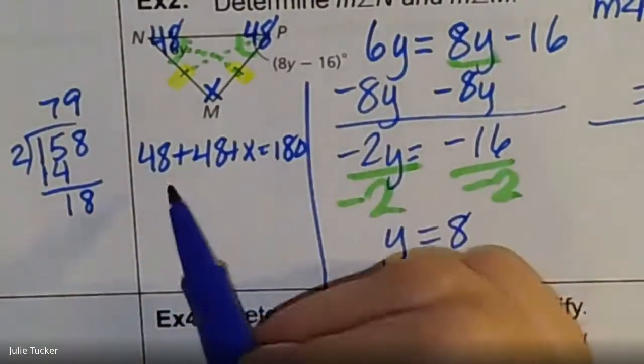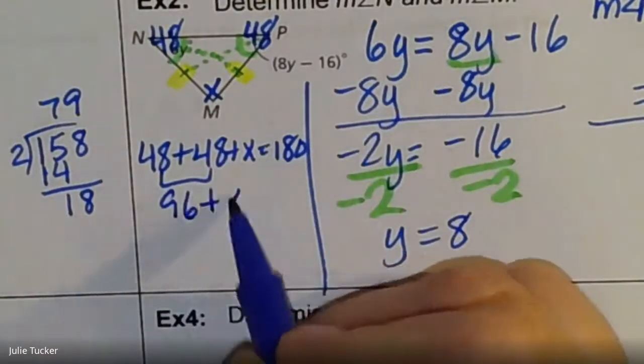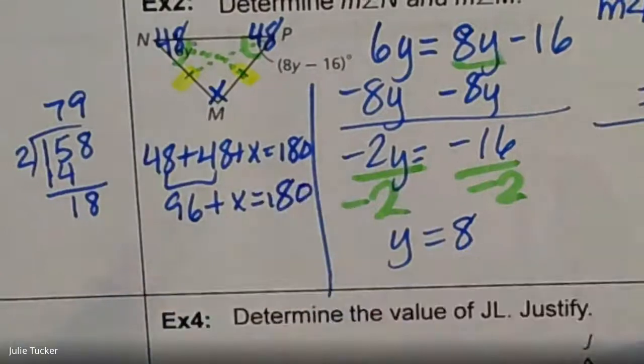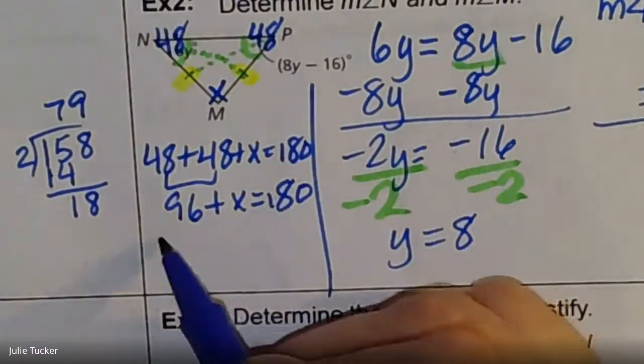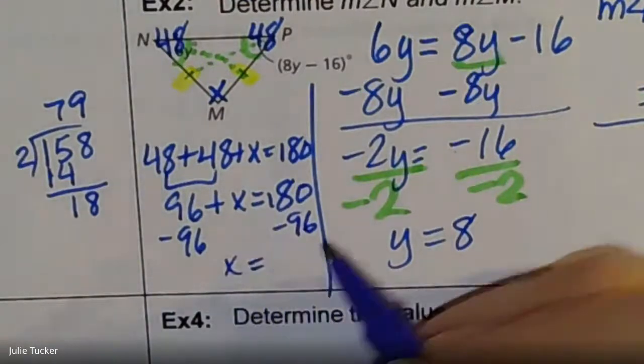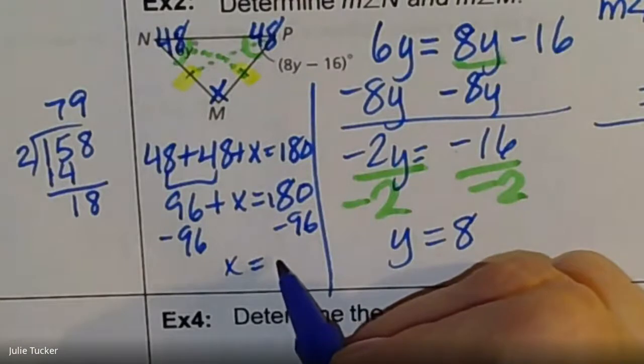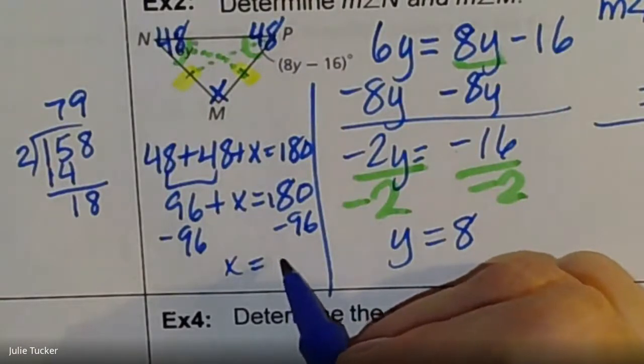And then 48 plus 48, that's 96. And then minus 96. And I get X equals, I think that's 84. Yes, that's 84.